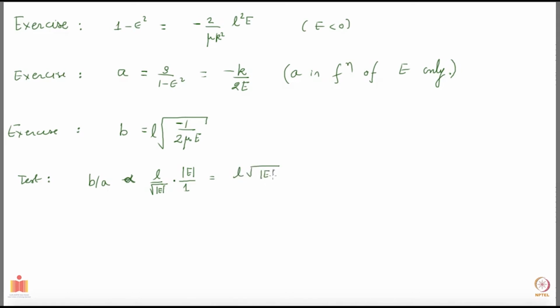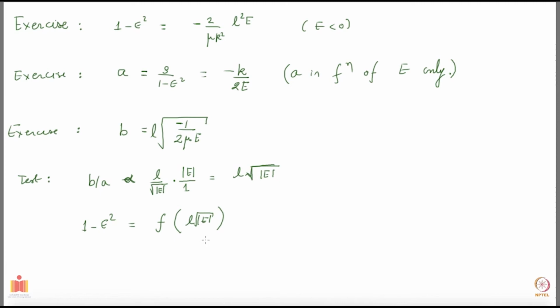And if I have not made a calculation mistake, then as far as L and E dependence is concerned, it should be the same as you should get in 1 minus epsilon square, right? So let's see what our 1 minus epsilon square is. My 1 minus epsilon square is a function of L times the square root of modulus of E, this thing squared, but anyway, this is a function of this.